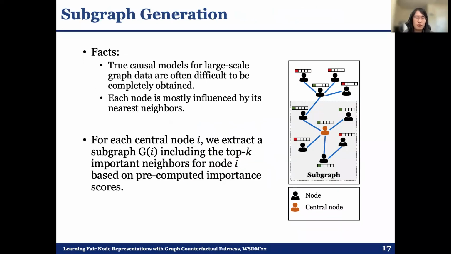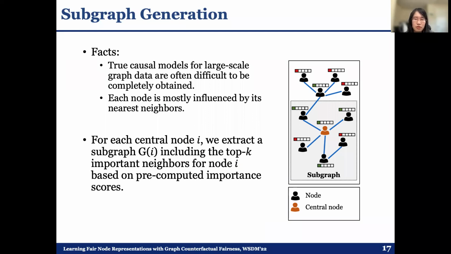First, we should know that the true causal models for graph data are often very difficult to obtain completely, especially for large-scale graphs, because you need to consider the causal influence between different nodes. Fortunately, based on a common observation, each node is mostly influenced by its nearest neighbors.